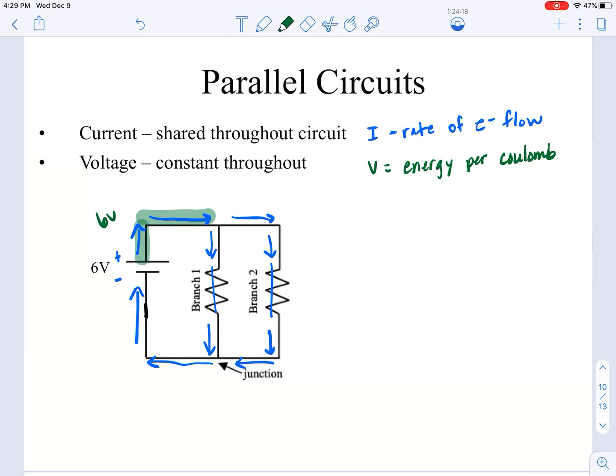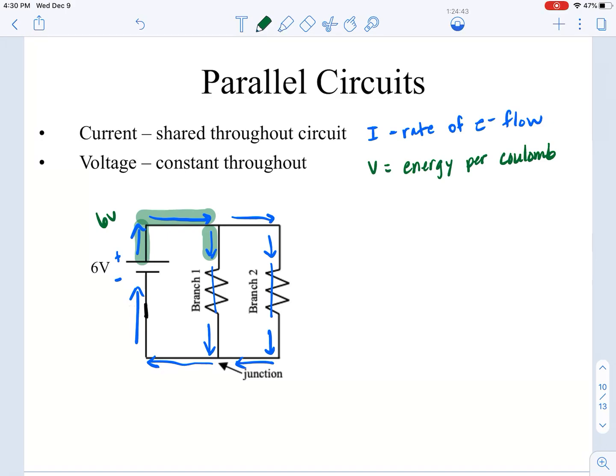And as the electrons go down the first branch, as they reach that particular device, notice they haven't encountered any resistors yet. These electrons have not emptied any of their energy. They are still traveling with full cups of energy, so that ratio of energy per coulomb has not changed since it left the battery.